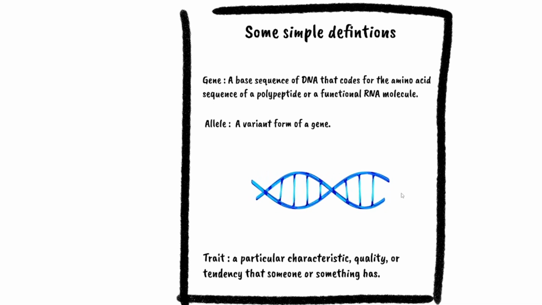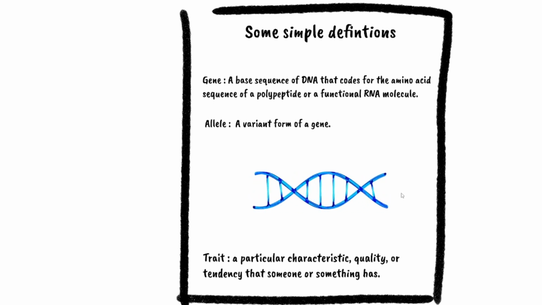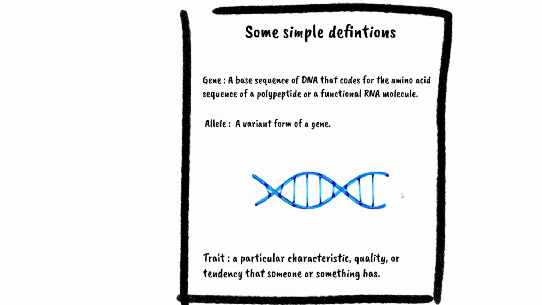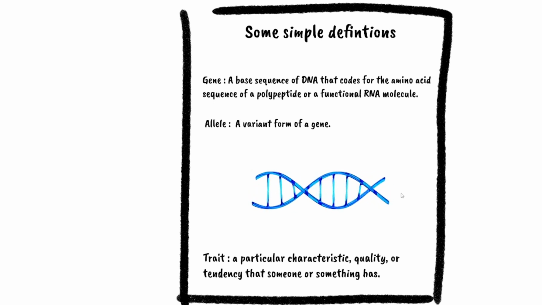In the length, a base sequence of DNA, it's written here, but I'm just telling you the easiest definition that you need to memorize. It is the length of DNA that codes for a specific amino acid. It's called a gene.